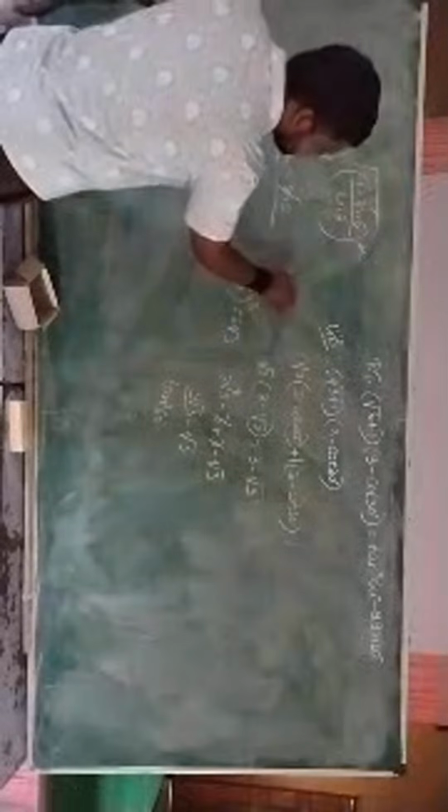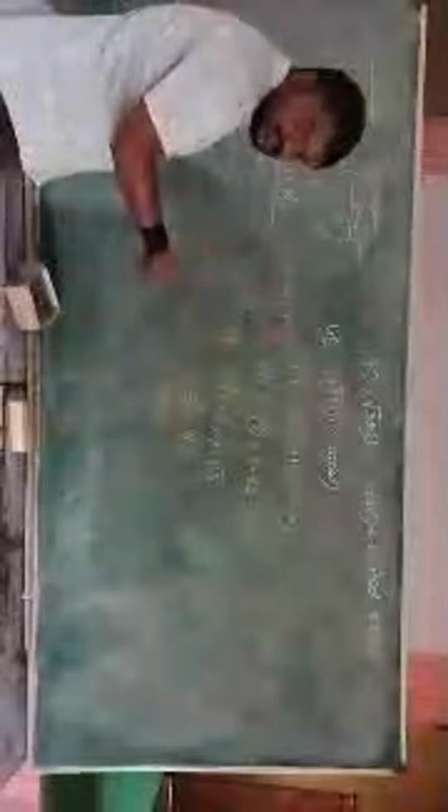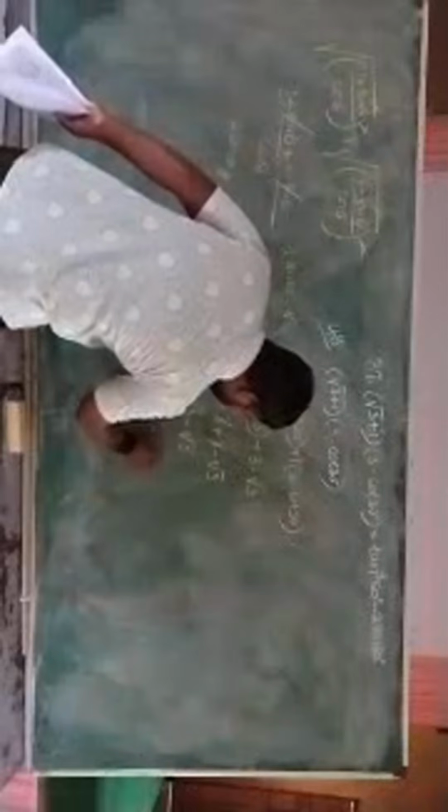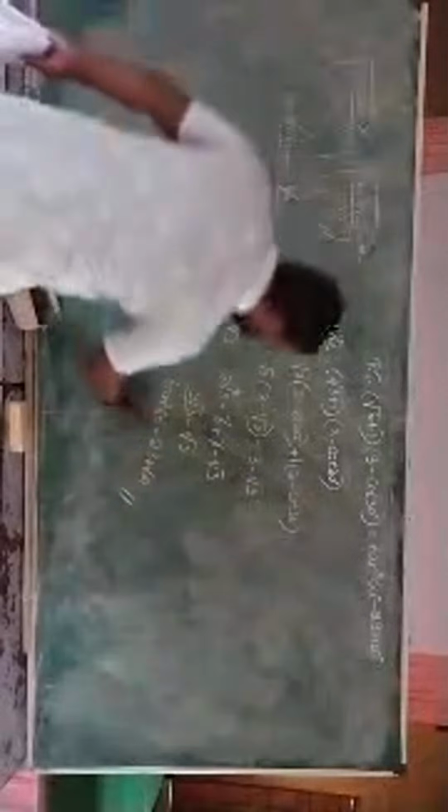Tan cube 60 degree minus. What is the value of sin 60? Root 3 upon 2, correct? So sin 60 degrees is root 3 upon 2. What is root 3? Root 3 is nothing but 2 times of sin 60 degrees. This 2 we can take on the left hand side. Minus 2 times of sin 60 degree is nothing but 2. Tan cube 60 minus 2 times of sin 60 degree is nothing but 2.